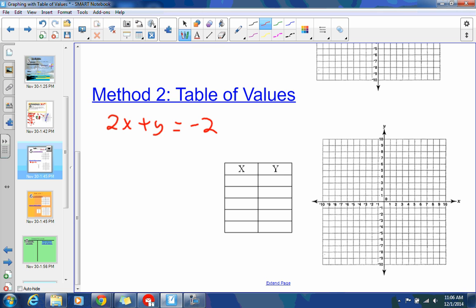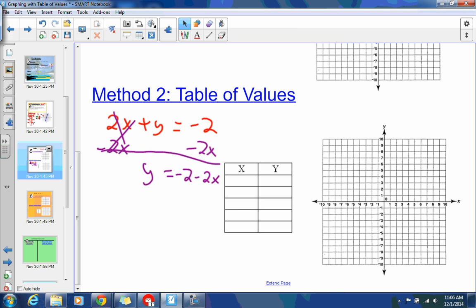We want to solve for y. So to solve for y, you can subtract 2x from both sides. We're going to get the y by itself. That cancels that out. Then you're left with y equals -2 minus 2x. Okay? And we're going to use that as our new equation.